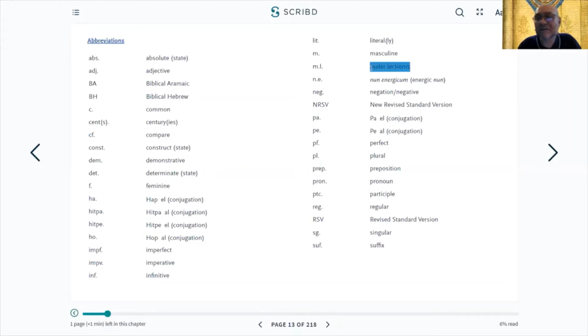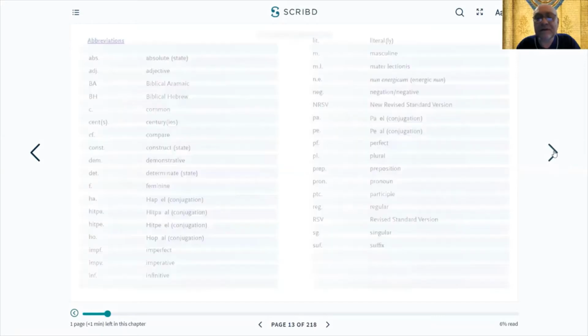I'll talk a little bit about that, but literally in Latin, that means mother of reading. And a lot of times, like in Hebrew, the nun or the yod could be such in that case. Well, mostly the nun, I think. All right, nun energicum, that's Latin probably too. Negation, negative, New Revised Standard Version. I guess that's the Bible of choice they're using. Peal conjugation, perfect, plural, preposition, pronoun, particle, regular, Revised Standard Version, singular, suffix. Okay, so these are all the abbreviations.